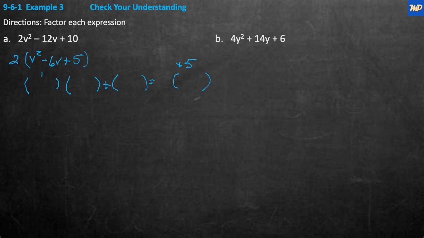And if we want a negative value in the center, it has to be the negative terms, right? So I'm going to write down the factors of our 1, and it's 1 and 1. And over here on the 5, we've decided that it's going to be the negative terms, so it's going to be negative 1 times negative 5. That gives us a positive 5, and it's going to give us a negative 6.